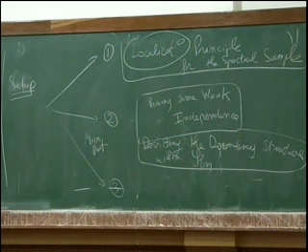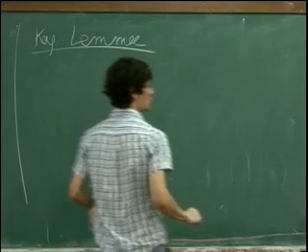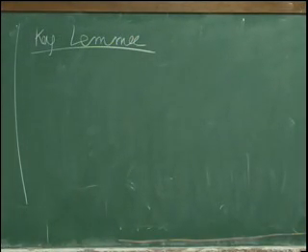I'll explain to you a key lemma which I think illustrates very well why things tend to localize. And for this, I need to introduce some concepts. So maybe I will draw things here.